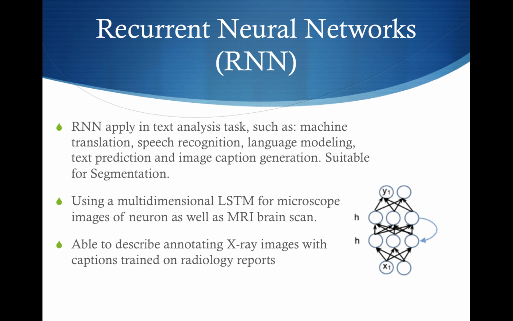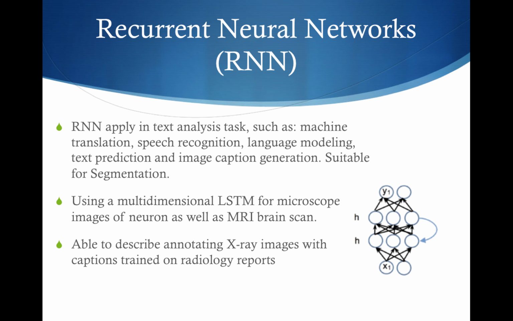However, one problem with RNN is the vanishing gradient. To avoid it, backpropagation is implemented through time, which causes RNN to evolve into another type, which is the long short-term memory, LSTM.